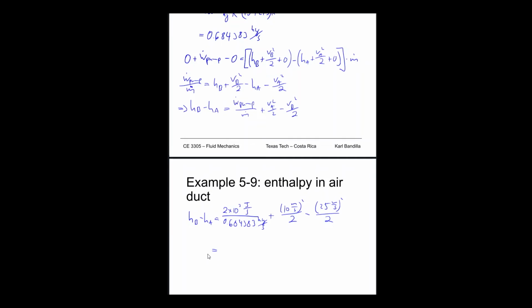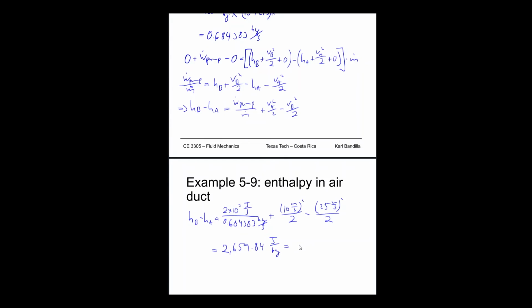And we plug that in the calculator, we get 2,659.84. We get joules per kilogram, which is exactly the unit that we want to get for enthalpy. So that's good.